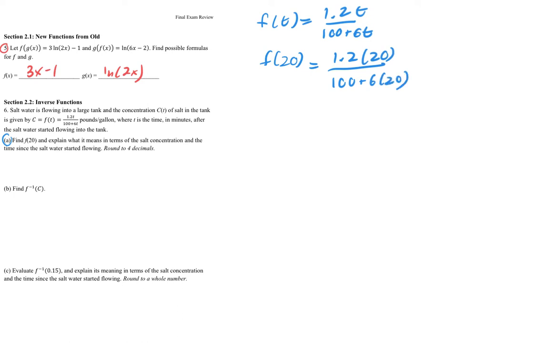To find out what F of 20 is, we're going to plug it into our calculator and see that 1.2 times 20 is 24, and then 100 plus 6 times 20 is 220, which is approximately 0.10909, repeating.